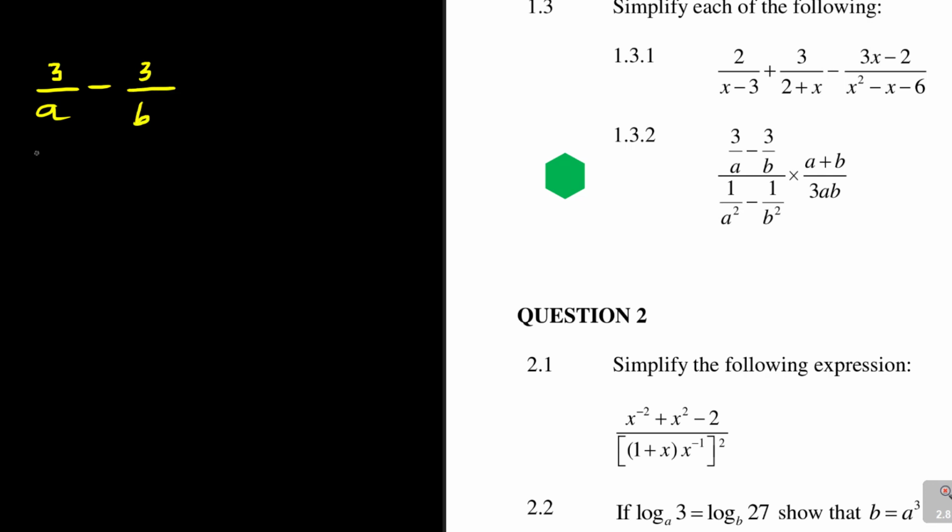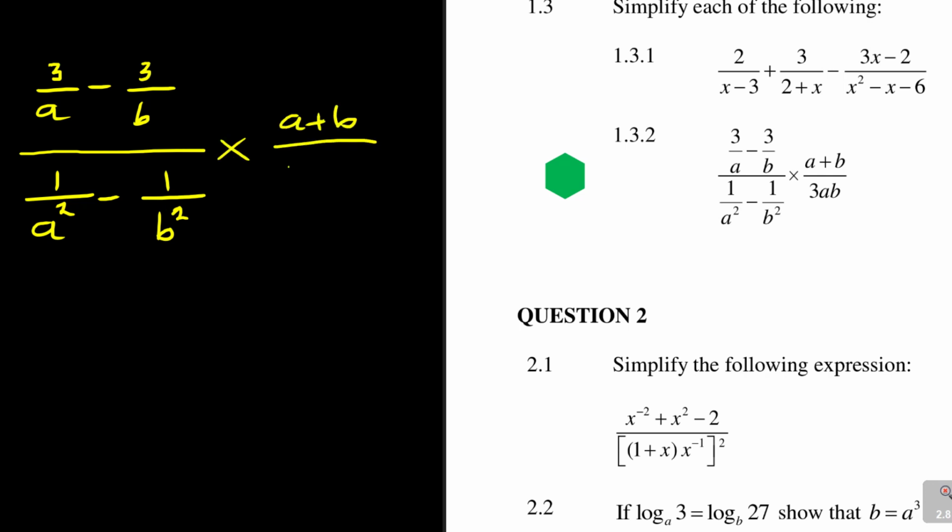So the examiner, remember, they always recycle the old questions, so it's always good to go back to the old questions. Such a question used to come in 2016, 2014, 2010. You'll find such questions, and then times a plus b over 3ab.